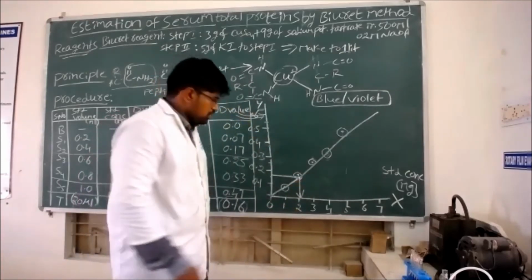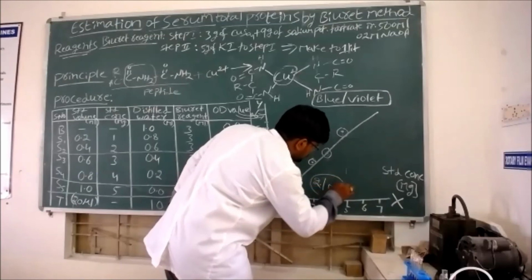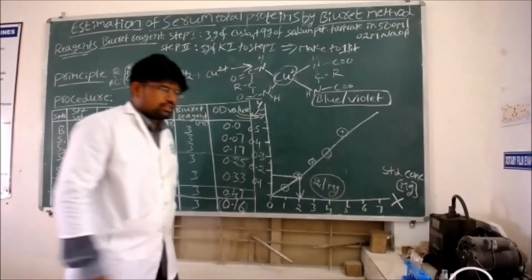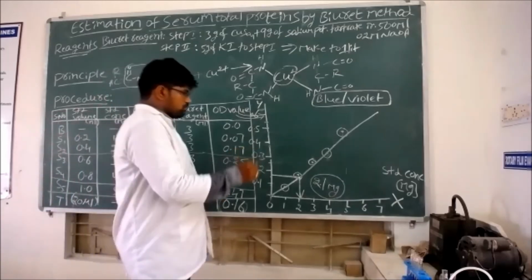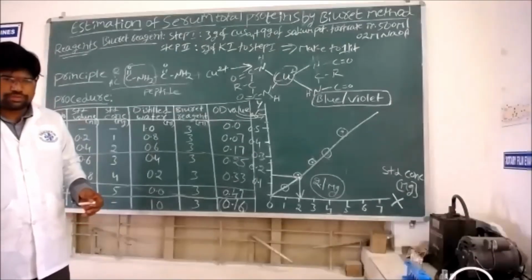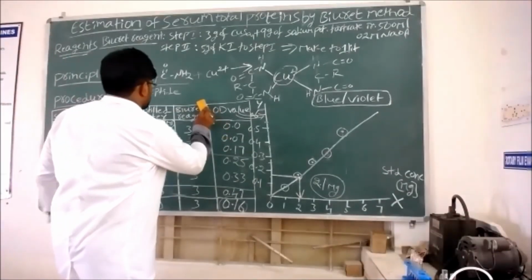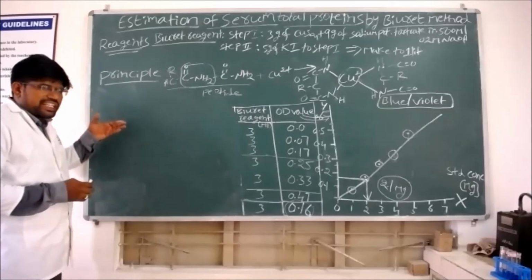It intercepted the x-axis here, at 2.1, that is 2.1 mg. Now the calculation. By intercepting the test OD value with this line, we got 2.1 mg. By using that, we will calculate.